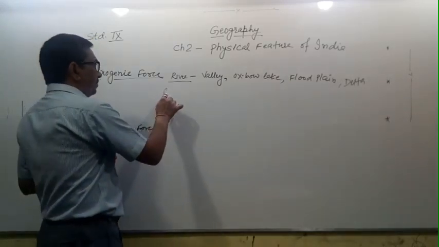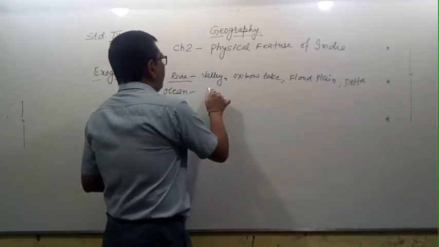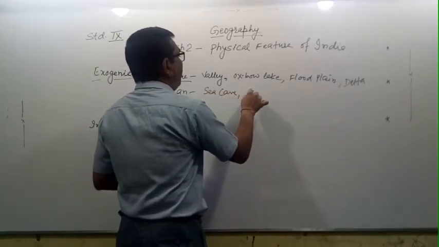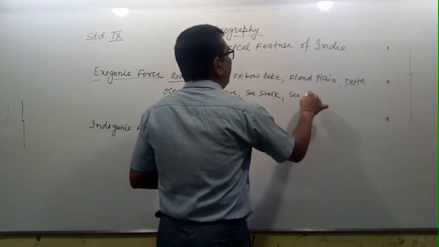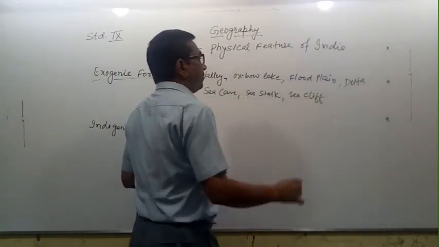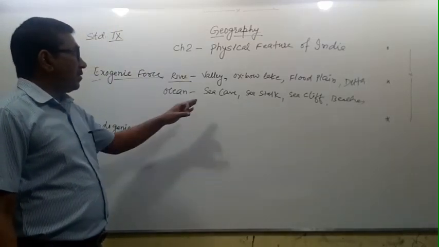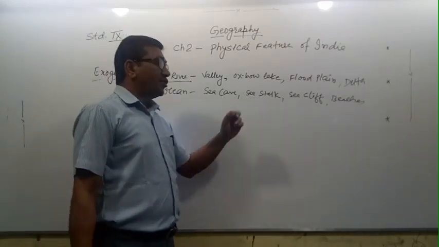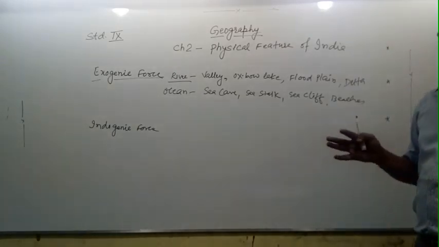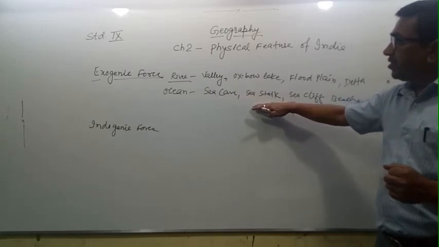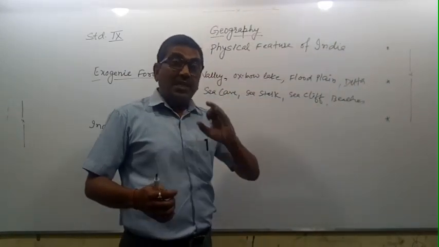You might have read also the work of the ocean: sea stack, sea cliff, sea cave, sea cape, beaches, and so on. These all are the features that are made by the ocean. It is again the external force, means exogenic force.